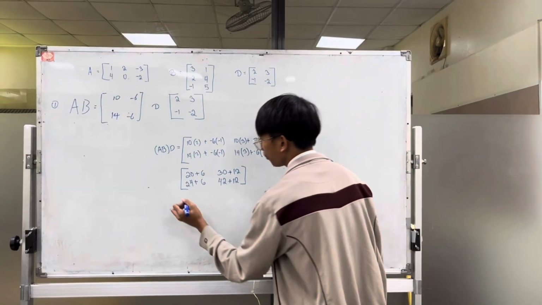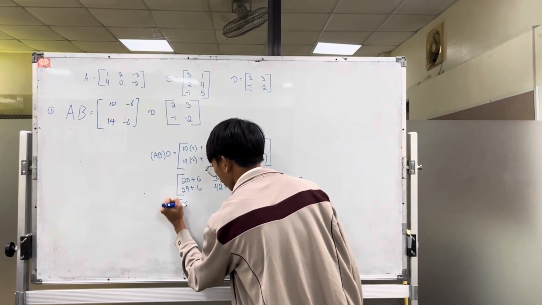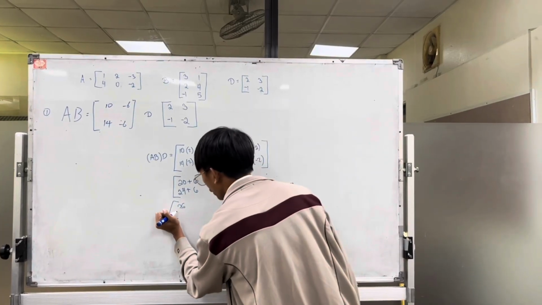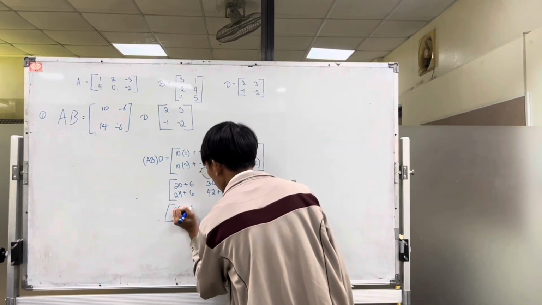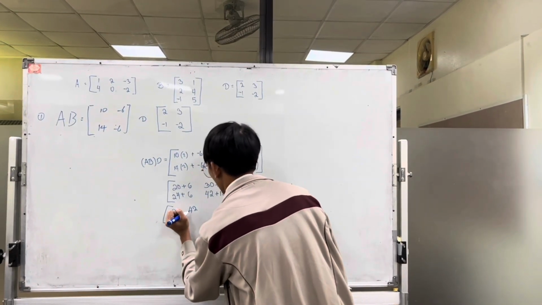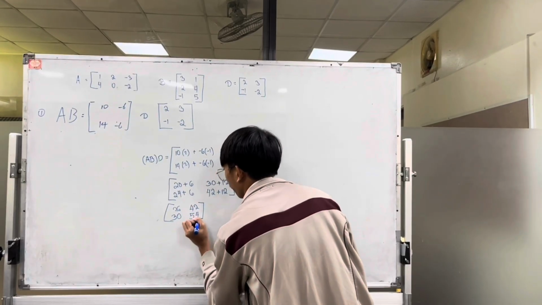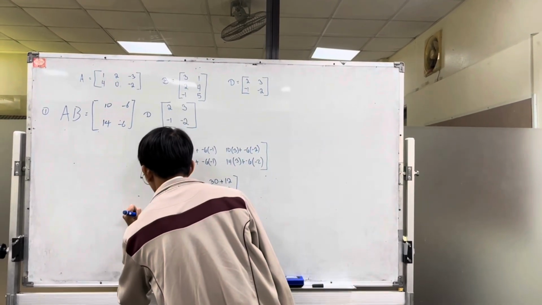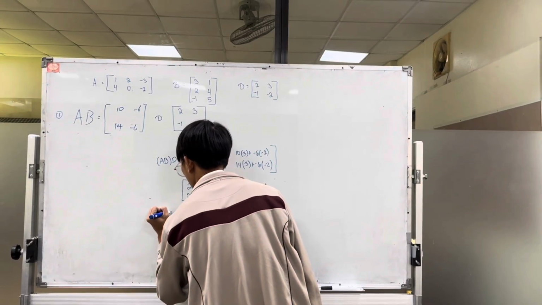So let's add 26, 30, 42, and 54. So that is AB times B.